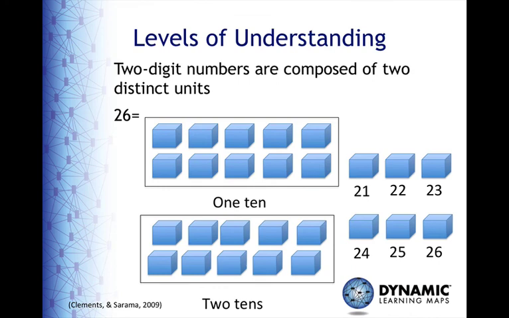Finally, a student will count 26 as 2 groups of 10 and some ones. Tens and ones are very special units for place value, and our base 10 number system. At this level, the student integrates the use of number words, numerals, and quantities, and the student understands if you change the order of the numerals, it changes the number word and the quantity. Or if you change the quantity, it changes the number word and the numeral.